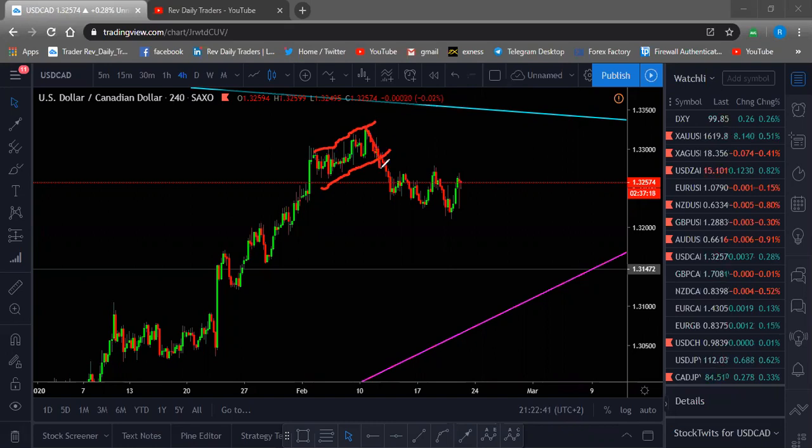Then we broke out of this floor, okay? After this floor, we had 1, 2, 3, 4, 5. Then we might get one more down here, okay?